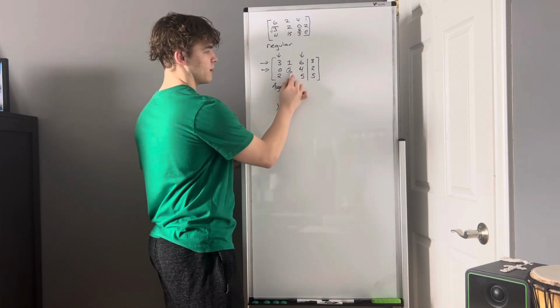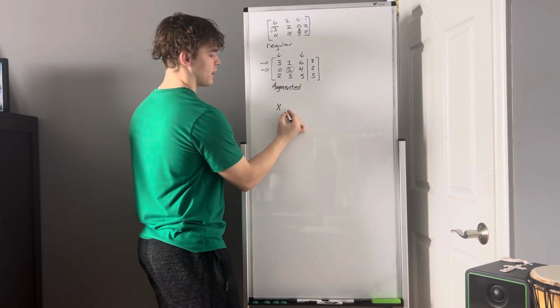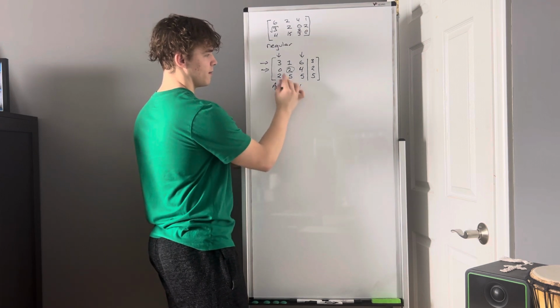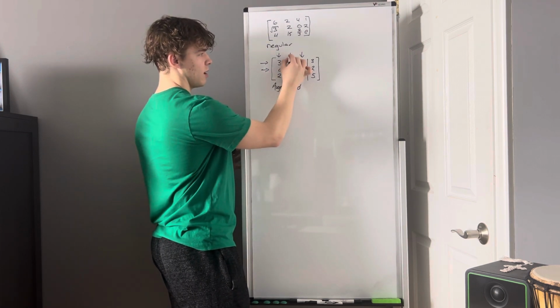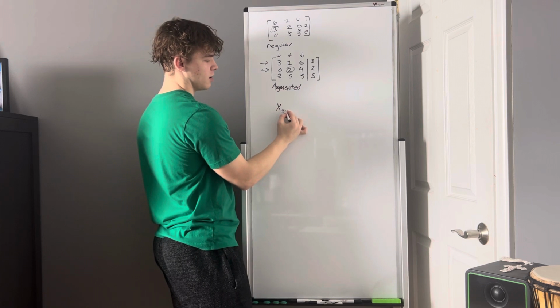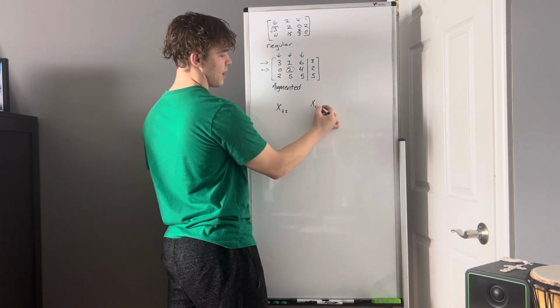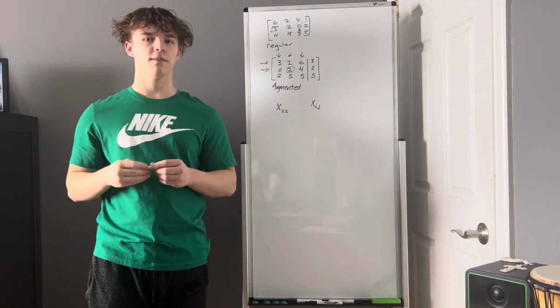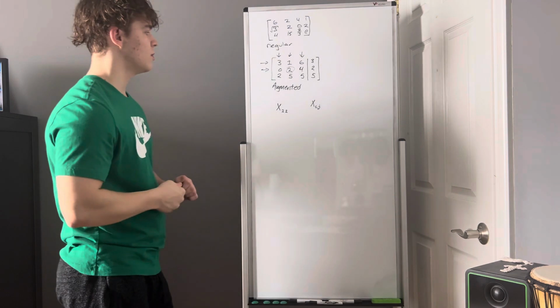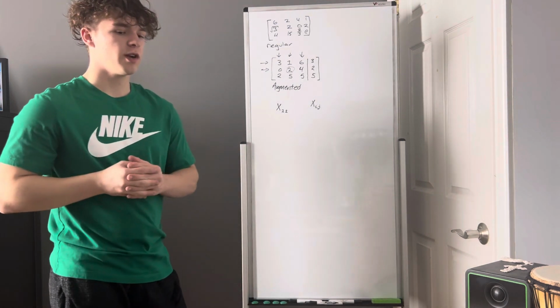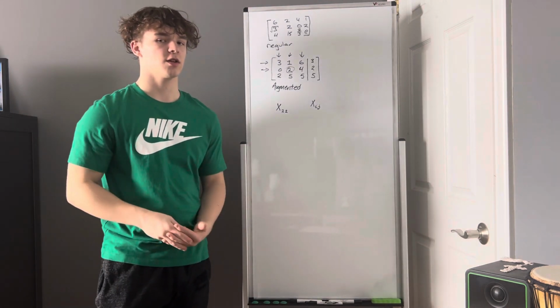Say if we were talking about this 2 here, we would have x_2,2, because it's in the second row and the second column. In general terms, we would say it's x_i,j.